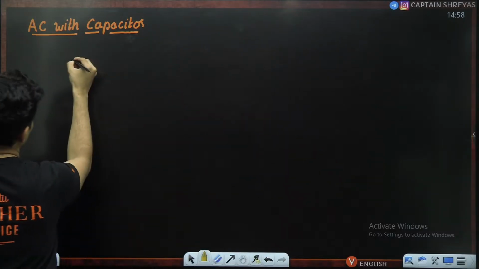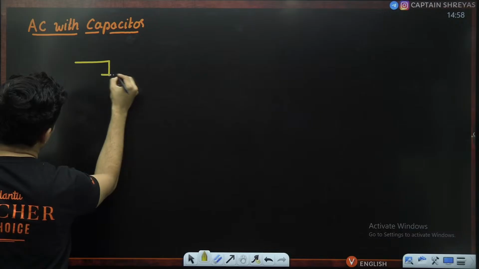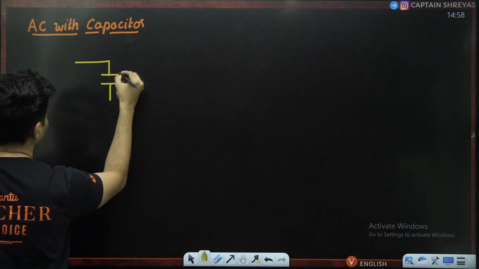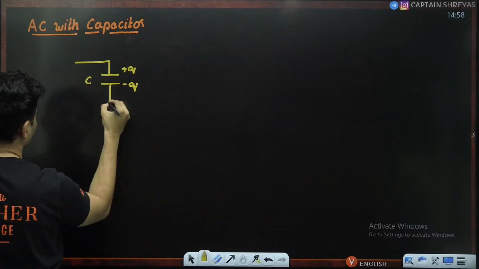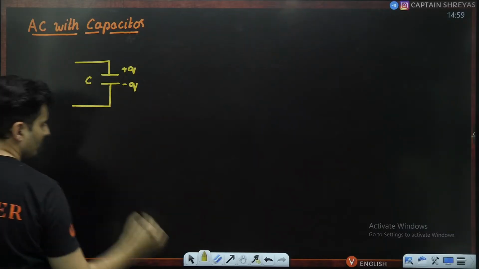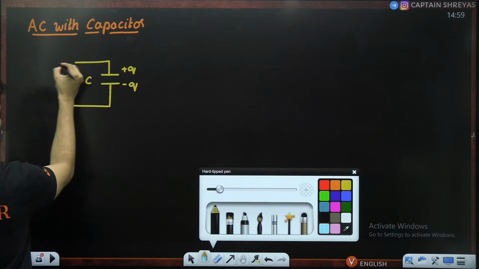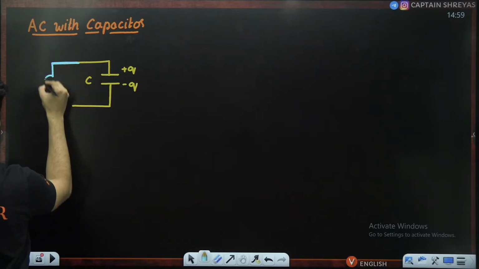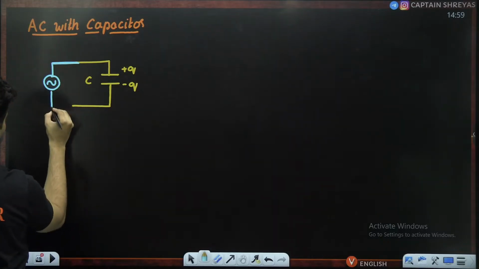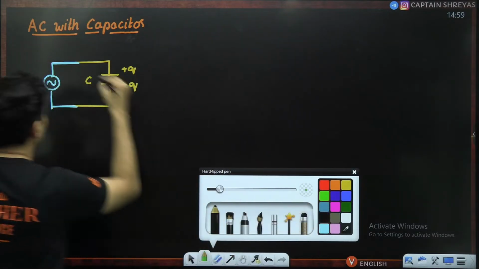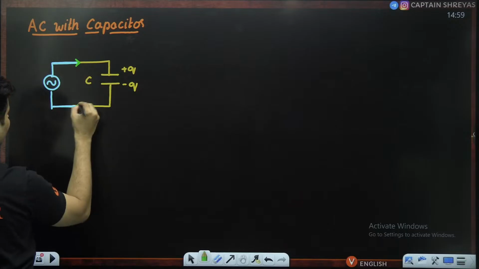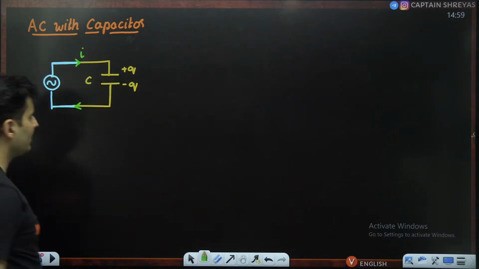So, this is our capacitor. There will be some current which is passing.